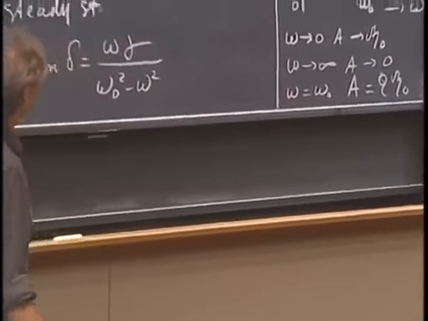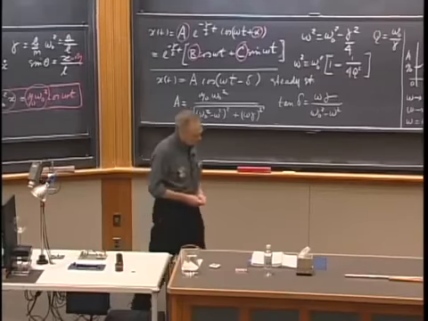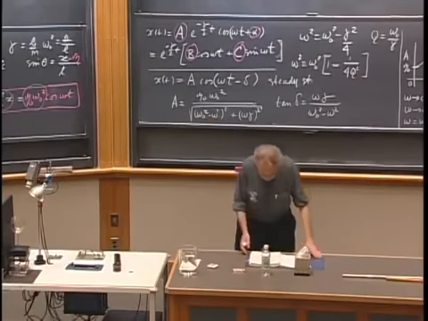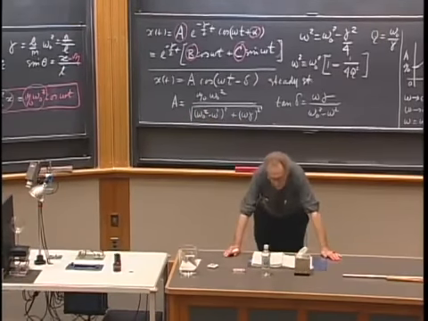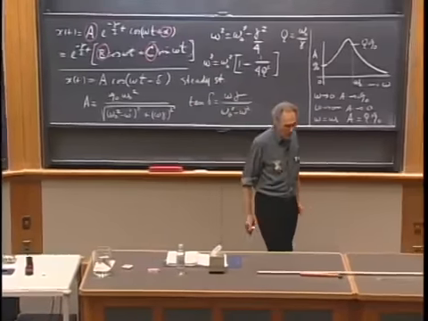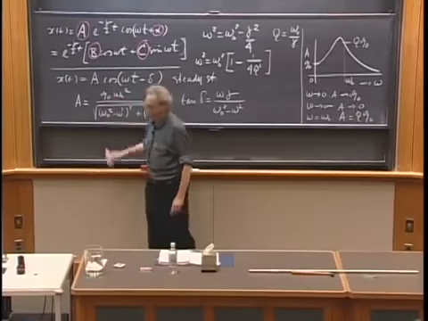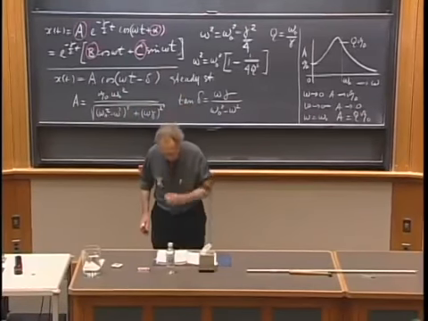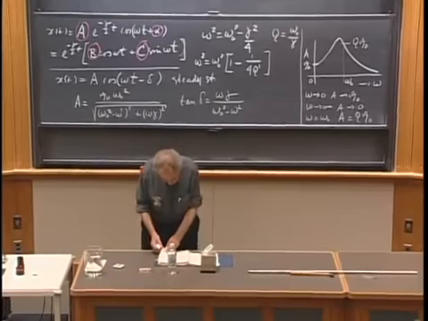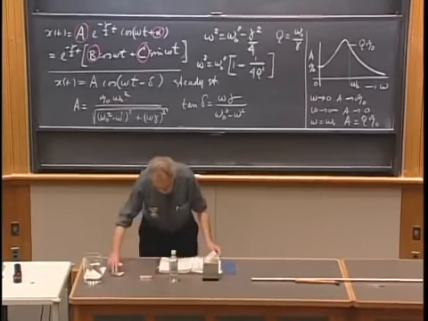And so the general solution is then the sum of the two. The transient one will die out. If you wait a few times 2 over gamma, the transient is gone, and so you end up then only with the steady state solution. And you had some chance at your homework to work with that.